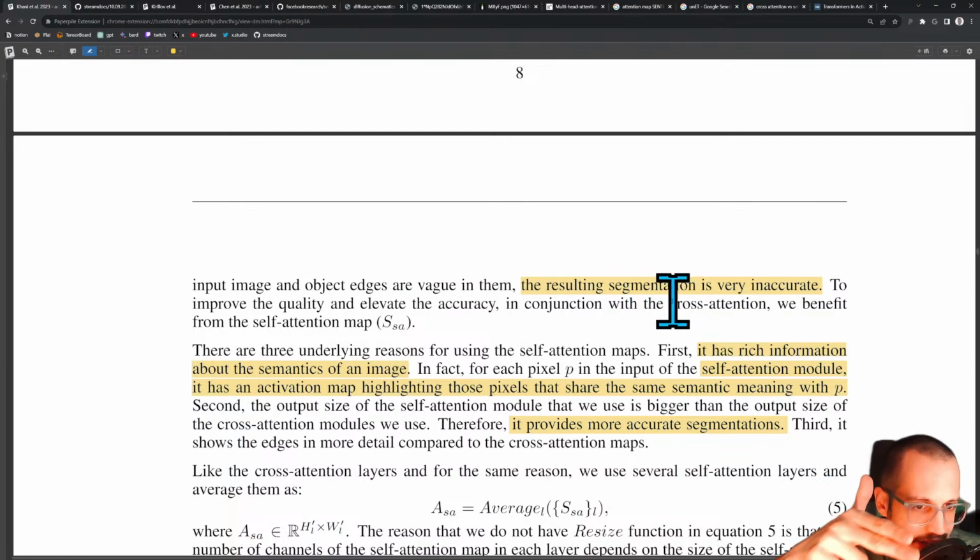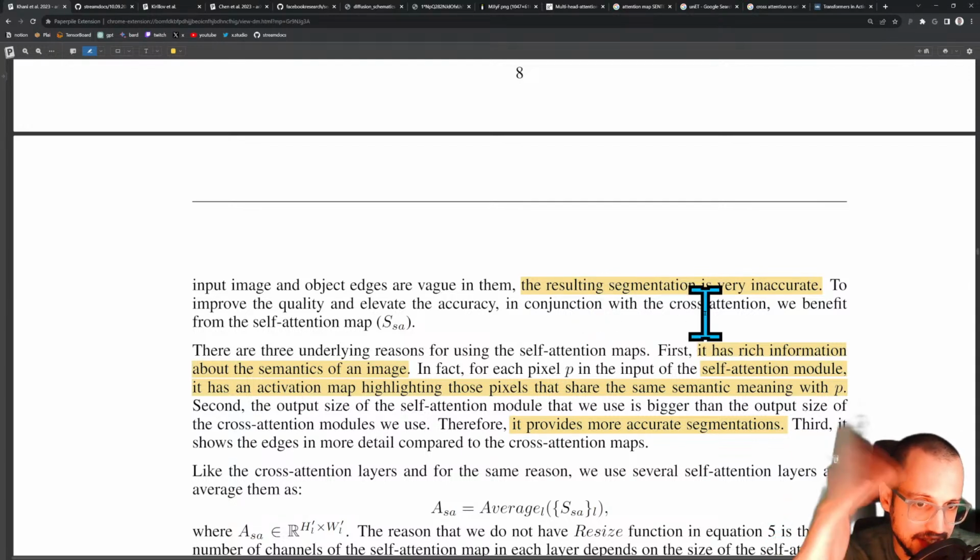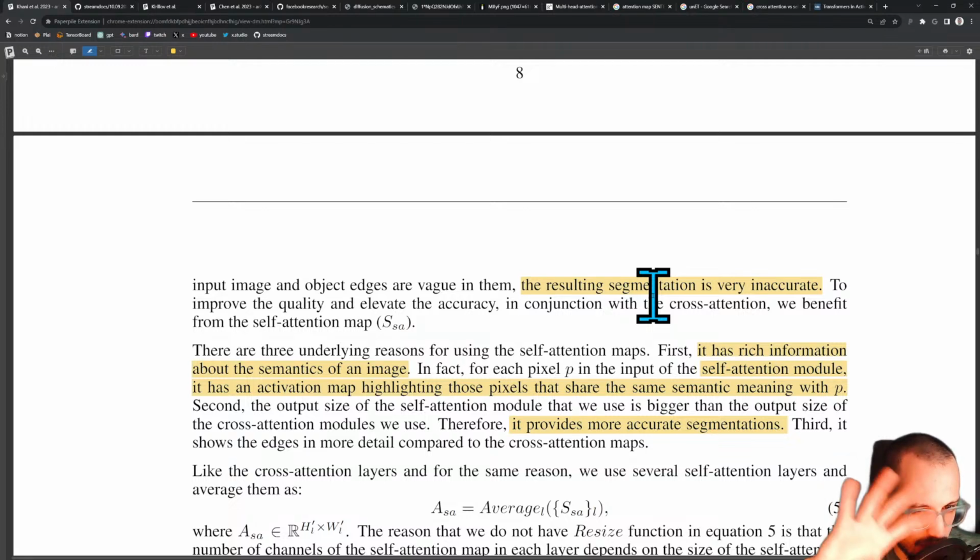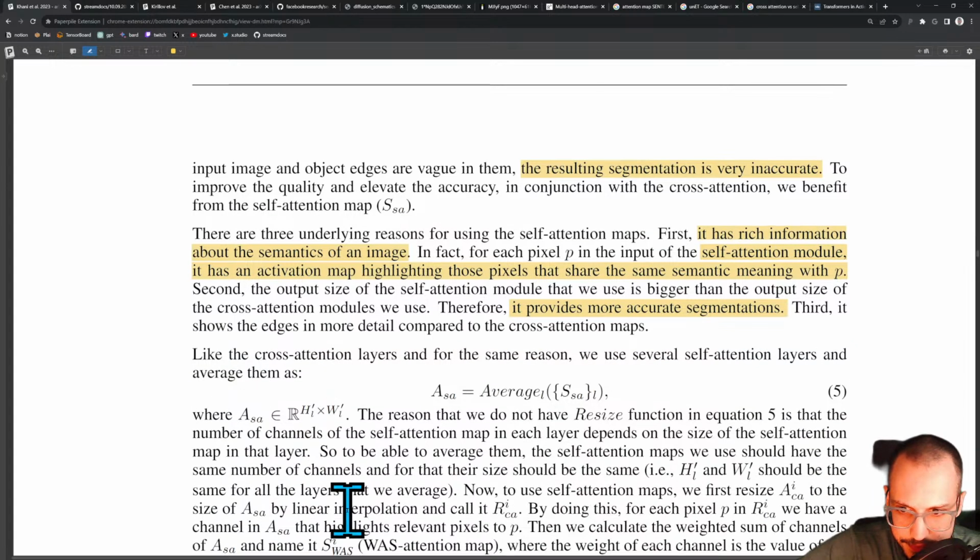So I think that's an extra reason why the cross-attention map, which is combining text and images, has a little bit of sloppiness to it. It's because the areas around the pixels are also useful. Okay, shows the edges in more detail.